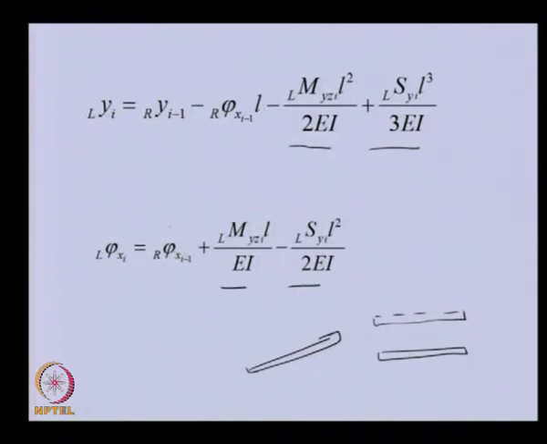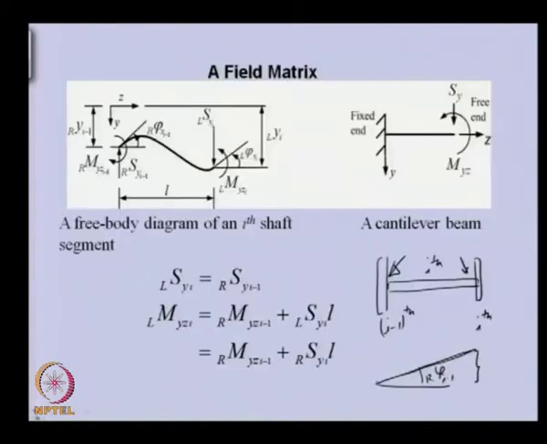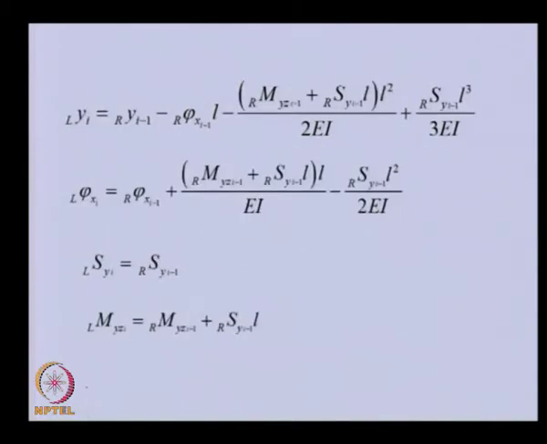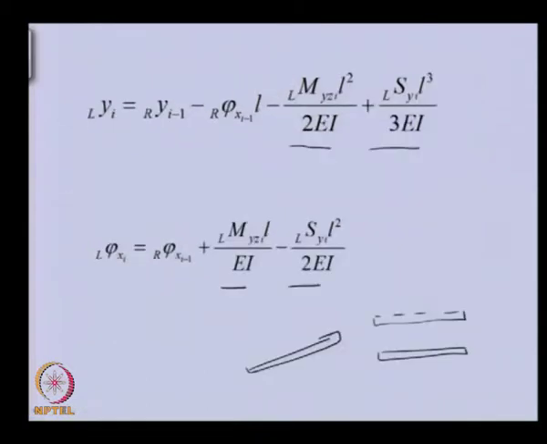Now you can see that we have related not only the shear force and bending moment, but also the translational displacement and rotational displacement. These relations we can summarize like this. Here, this is the first equation, the linear equation. If we go back here, you can see this particular moment.